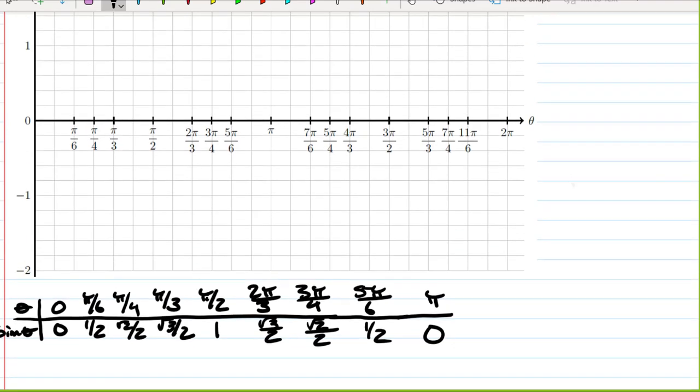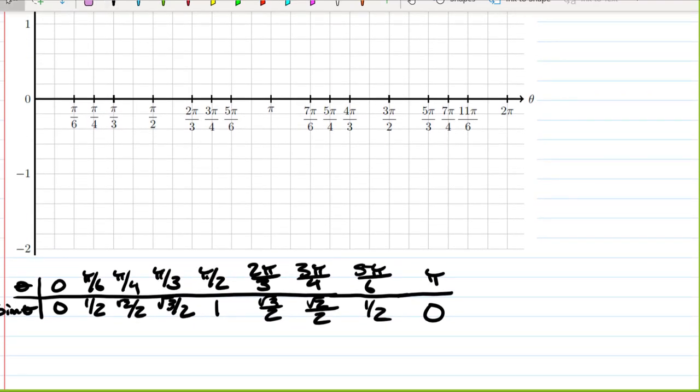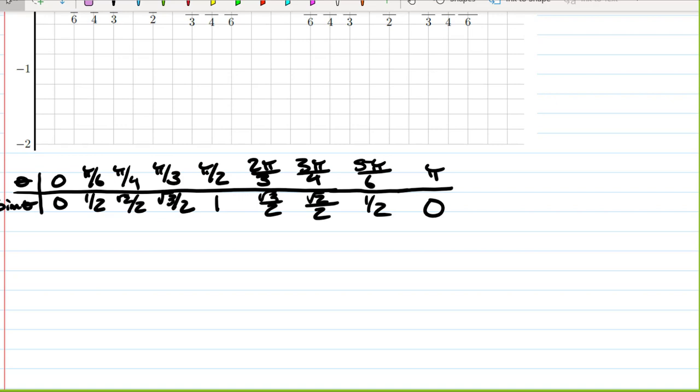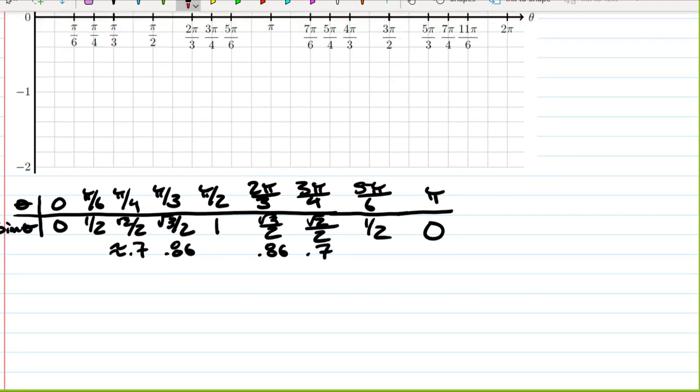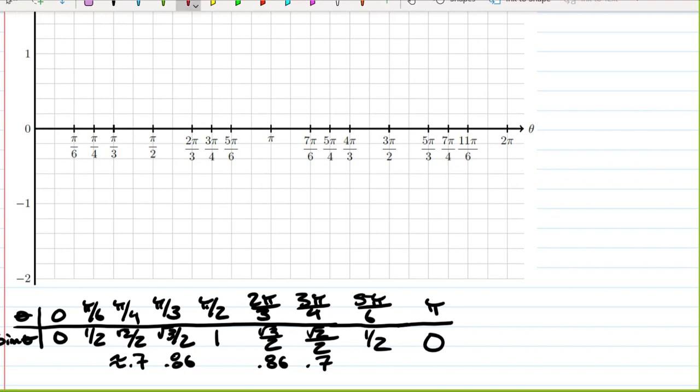So let's go ahead and draw that first little bit of our sine function. And to help us out, root 2 over 2 is about 0.7. Root 3 over 2 is about 0.86. So if we plot these points, we have that the sine of 0 is 0.